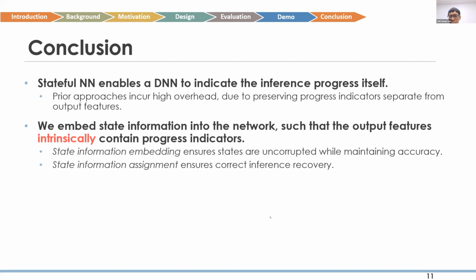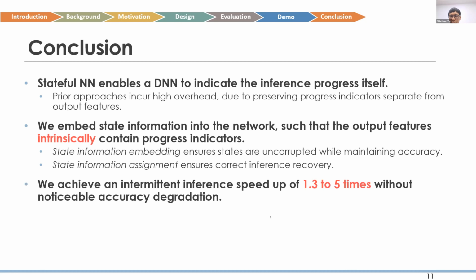The specific position and the representation of states ensure output features and states are not corrupted, thus maintaining model accuracy. And the specific embedded state allows the latest output feature to be identified, enabling correct inference recovery.